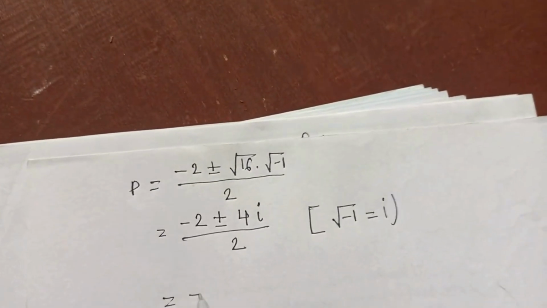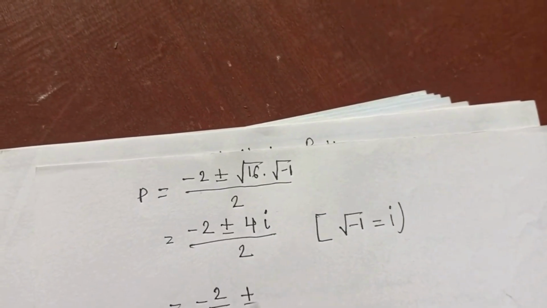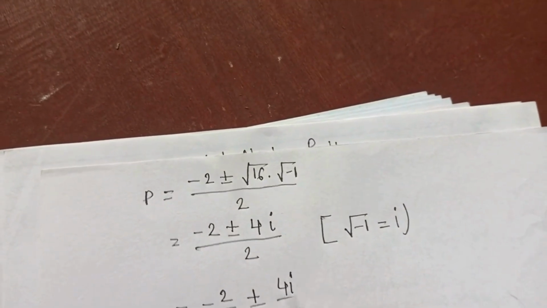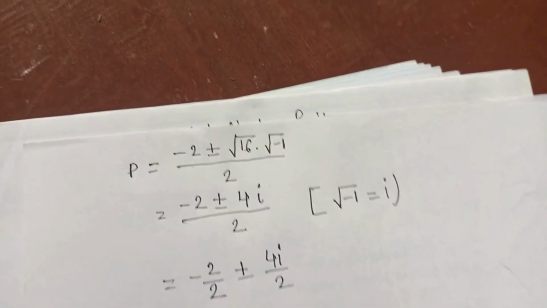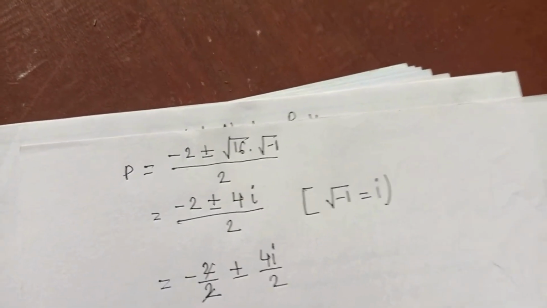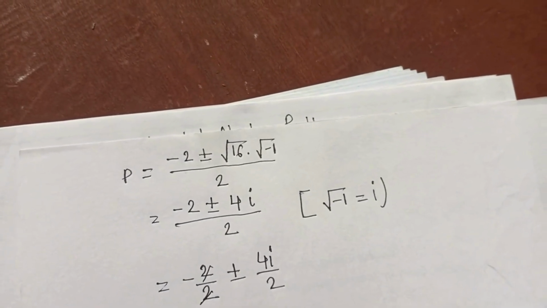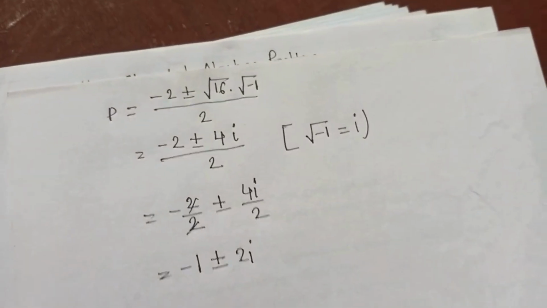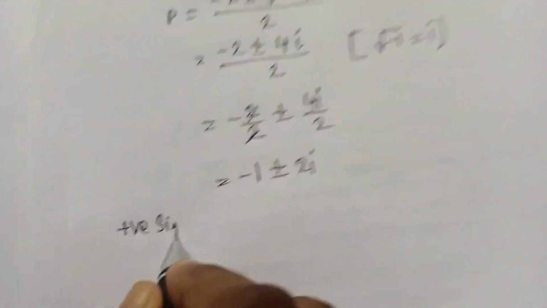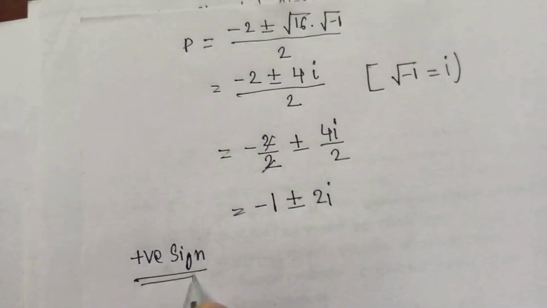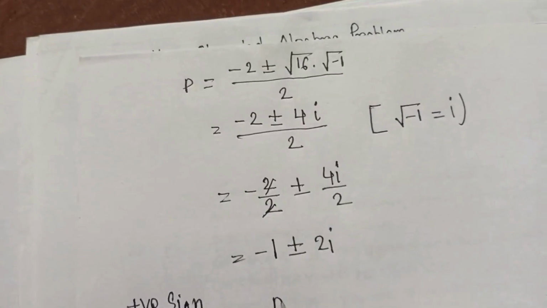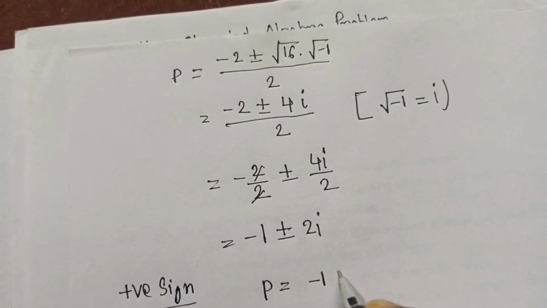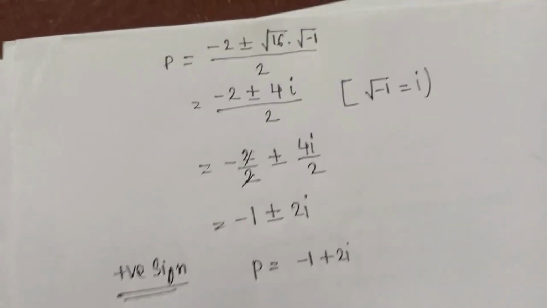Now we divide both sides by 2 and it will cancel out, giving minus 1 plus minus 2i. If we consider the positive sign, then p equals minus 1 plus 2i.